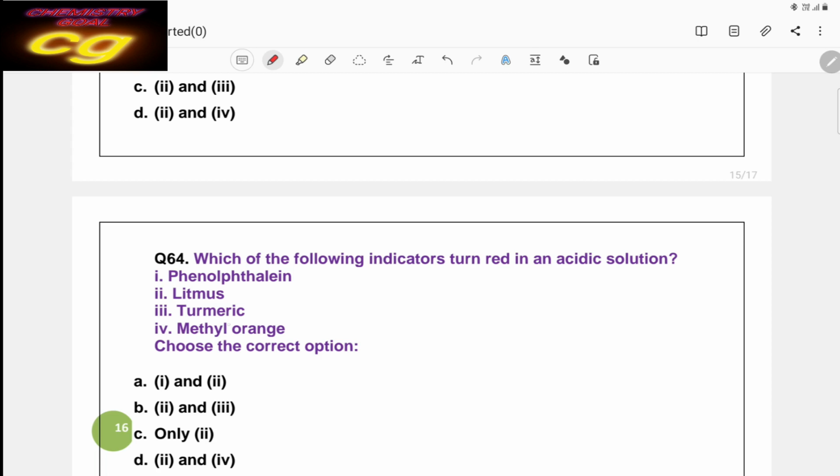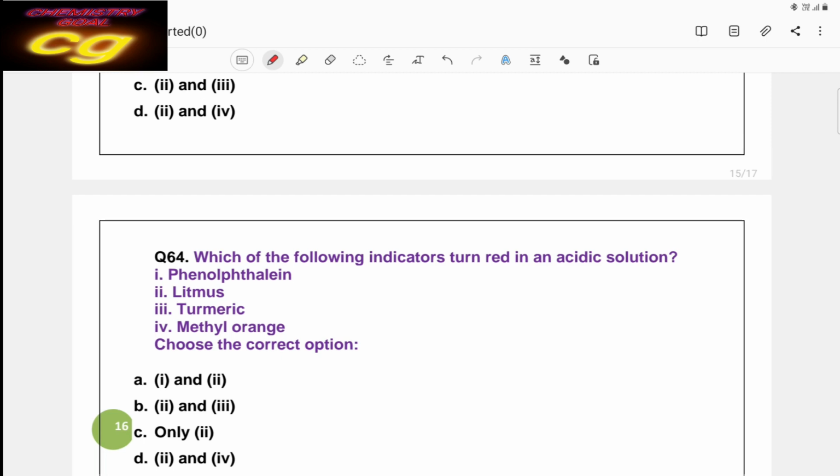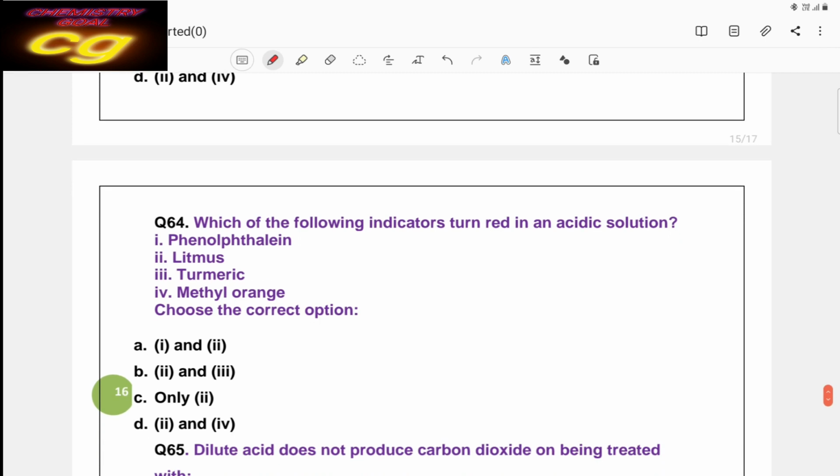Turmeric turns red in basic medium, not in acidic. Methyl orange is generally yellow. So the indicators that turn red in acidic medium are methyl orange and litmus, which changes from blue to red. So the second and fourth are the correct answer.